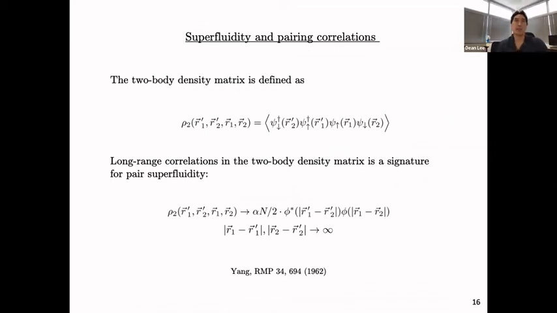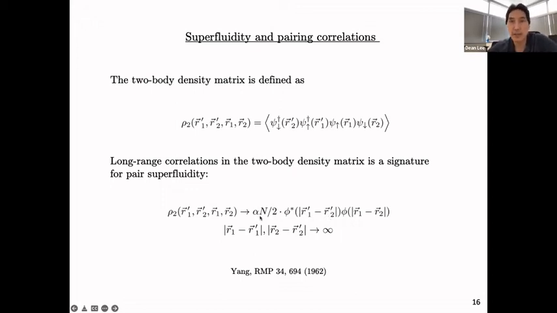So you can measure them, the two-body density matrix, where you annihilate two particles at one location and you create them somewhat far away at these primed locations. Okay, so then as the pair where you annihilate and the pair where you create are separated by a long distance, you get this factorization, that you have this pairing wave function phi between R1 and R2, and phi star between R1 prime and R2 prime.